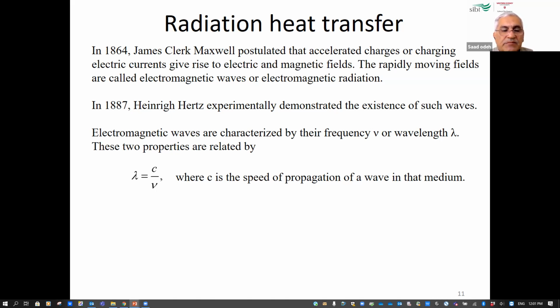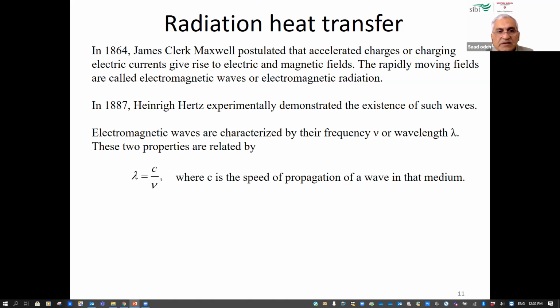But just to recall, heat transfer by radiation is due to electromagnetic waves. And because of electromagnetic waves, heat transfer by radiation can exist in vacuum as well. So we don't need a medium to do the transfer, like a solid or fluid. It can travel in vacuum.